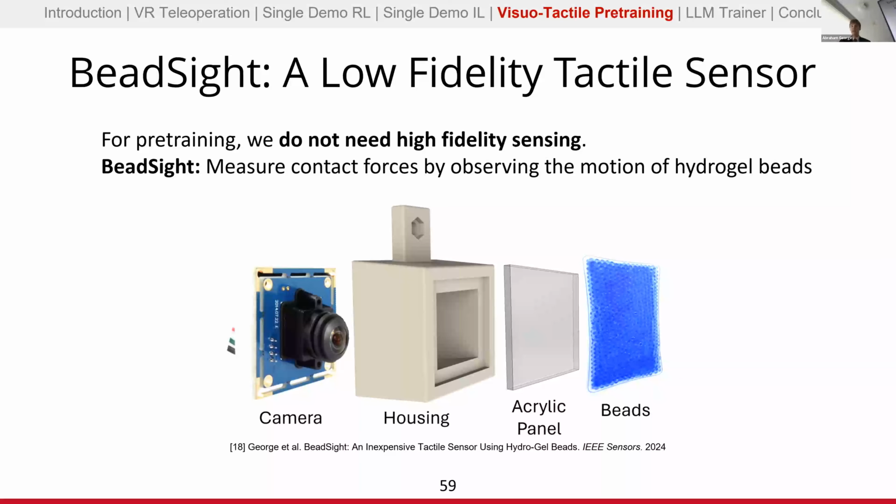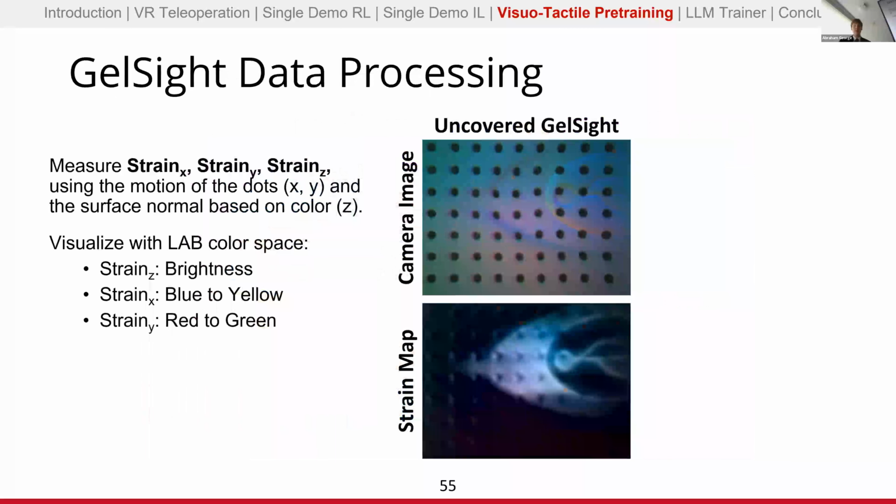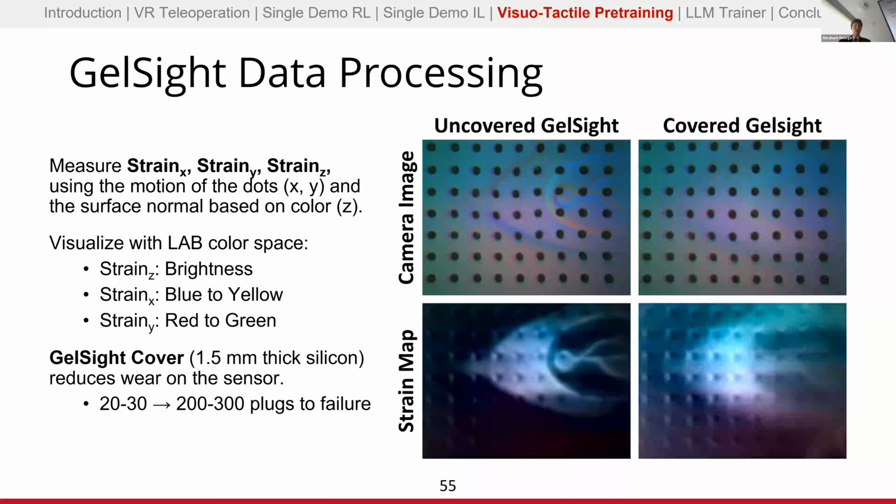For the GelSite, we just use the method to extract the strain X, Y, and Z. That's using the tracking of the color changes to get the normal, and of course tracking of the dots. So we pass in this strain map, which here is just visualized in the lab color space. So whenever we switch out pads, that does address some of that domain variation. That being said, there's still going to be some change, right?